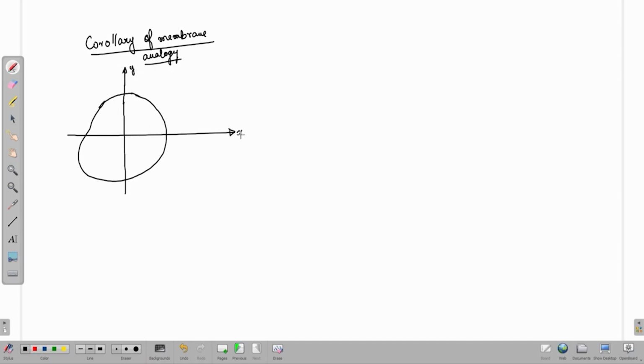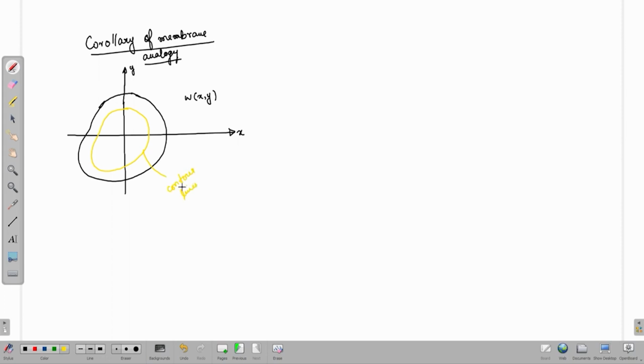Now, once I know W of x y of this membrane, either mathematically or by visualizing it, then I can also visualize contour lines inside the membrane. So, this is a contour.